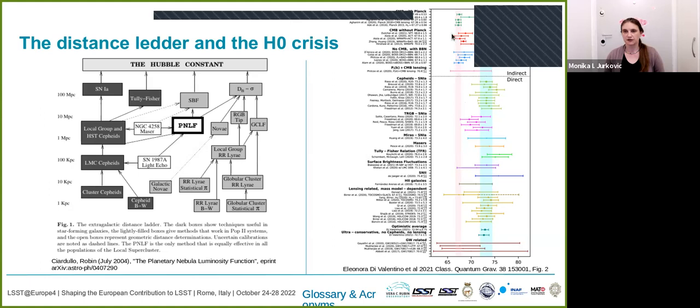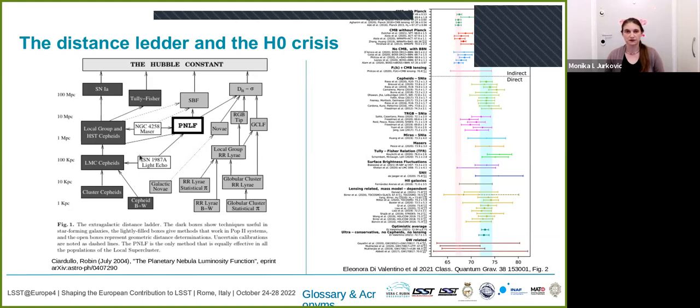As one can see, depending on which method we use to determine the Hubble constant, the differences between methods are big enough that we should look into whether this is a realistic problem or something due to the systematics of the measurements.